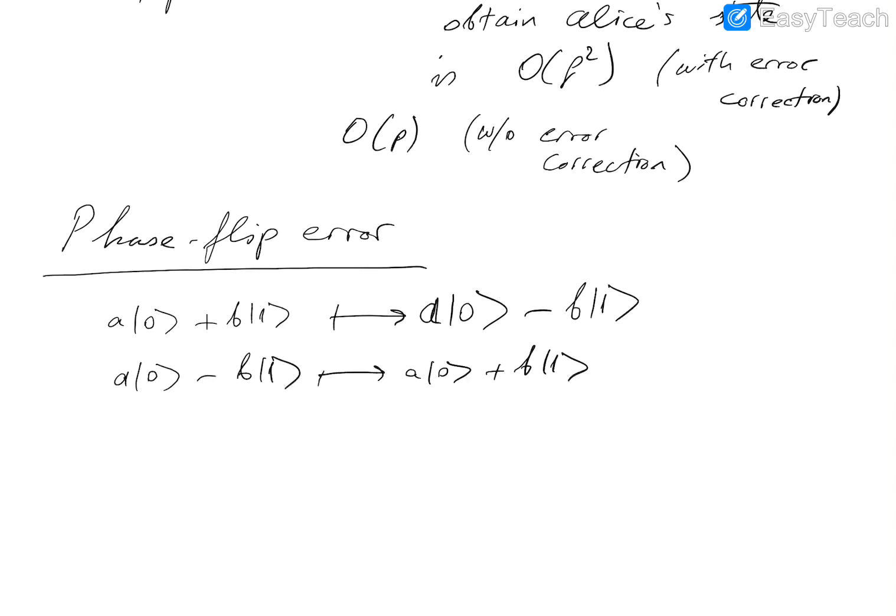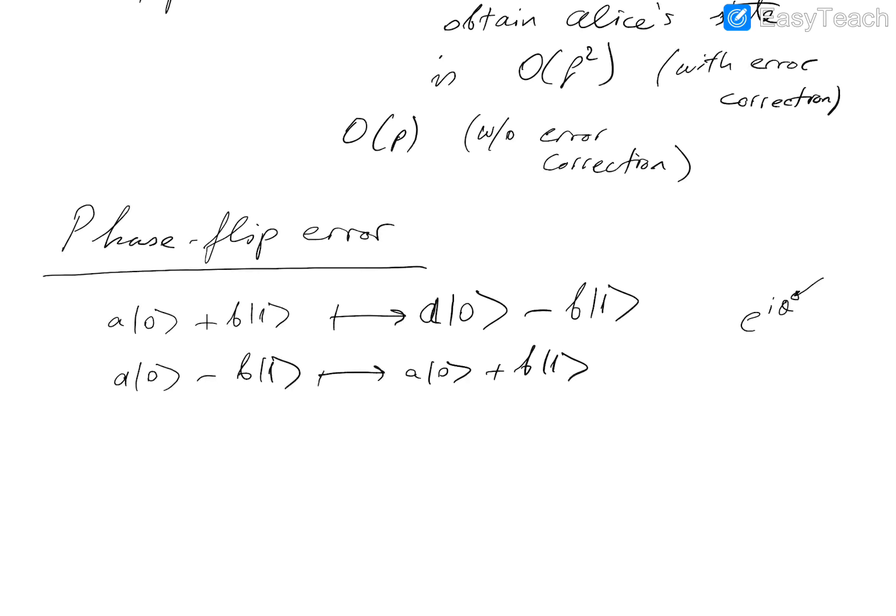Though this is a restricted form, we will see later on that phase is defined generally by a complex number in the exponential form, right? So a phase flip error in fact changes this phase value theta, which is a real number. So that's why we have continuum many different error models in quantum computing.